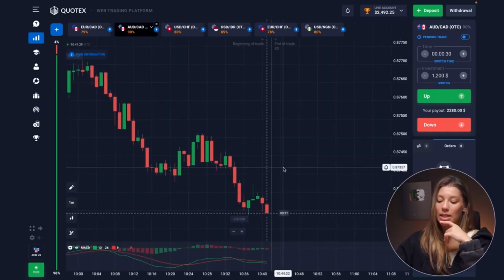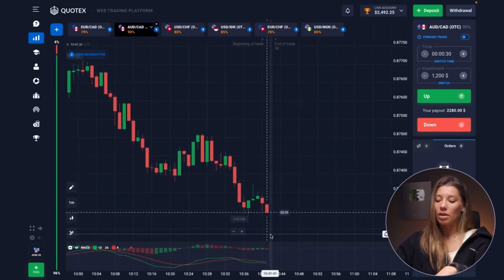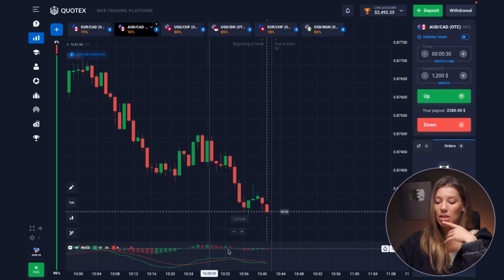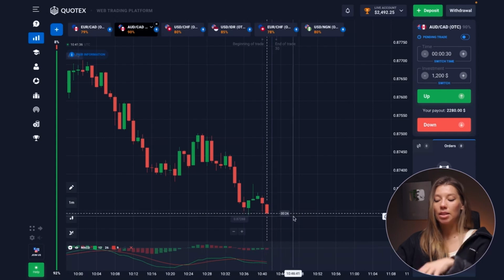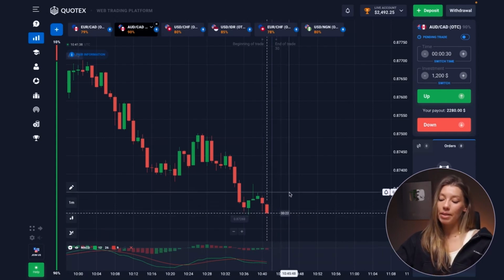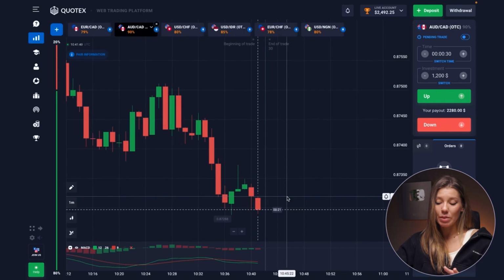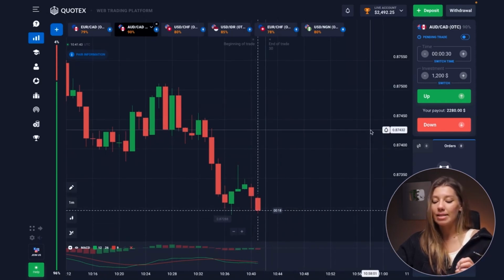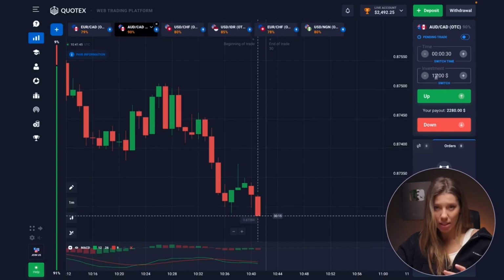Okay, so in this case everything here is going downstairs, but with a smaller speed, and you see that all the lines are below the zero level, so this means that it's perfect to use all the signals along the MACD. And I'm going to reuse my investment, and I'm going to go here with the reds.